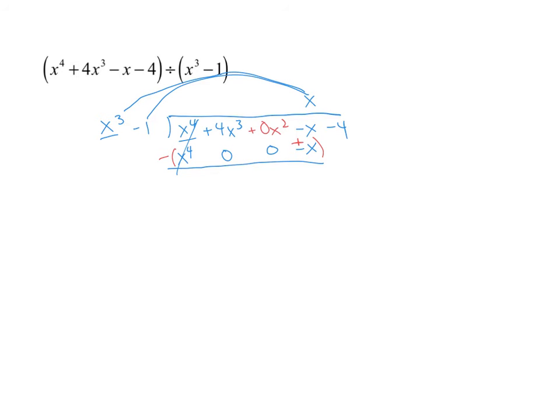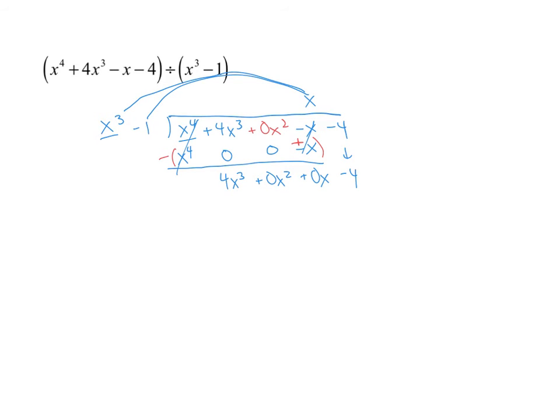I still need to subtract those. 4x to the third minus nothing is 4x to the third. 0x squared minus 0 is 0x squared. And then we have negative x plus x, which actually cancels out, so we get 0x, and then I bring down minus 4.